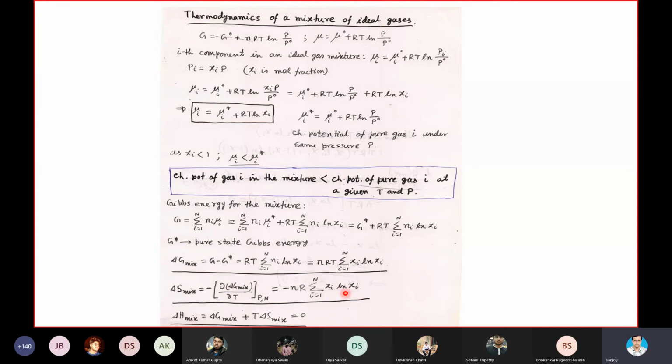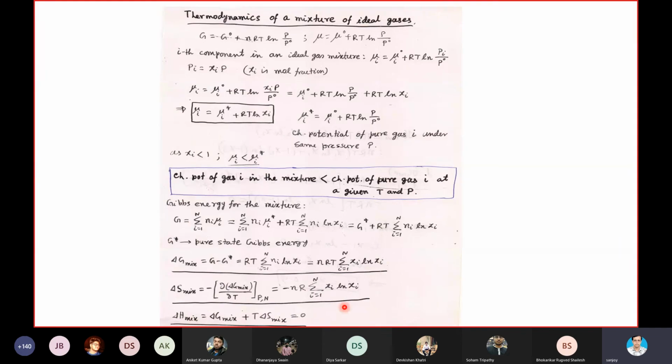So you get a minus NR this. This is exactly the same expression we derived when we talked about entropy of mixing. So you can see that exactly the same expression we are getting from here. Okay. From thermodynamics, from Gibbs energy calculation also you can get change in entropy by simply differentiating it with respect to temperature. Okay.